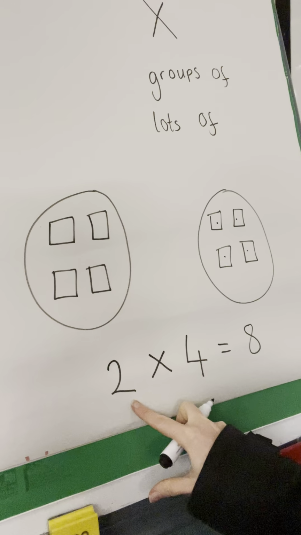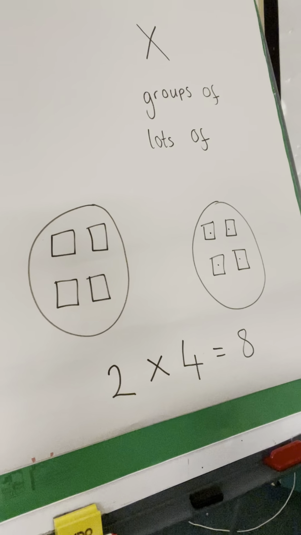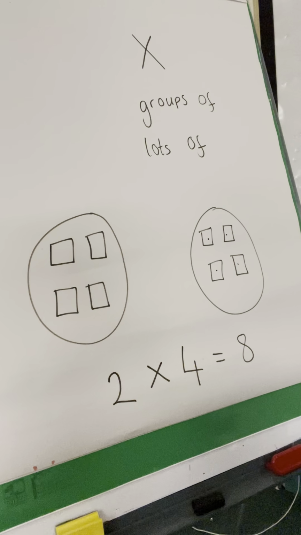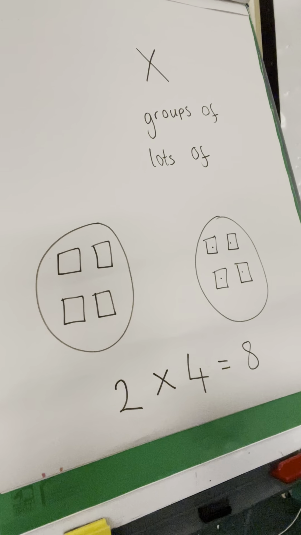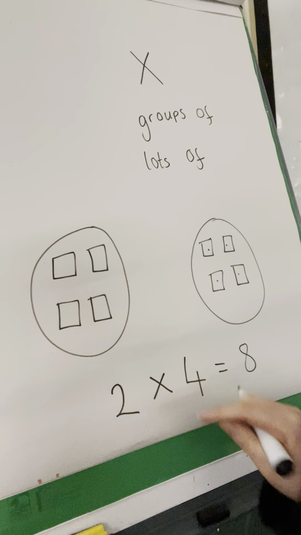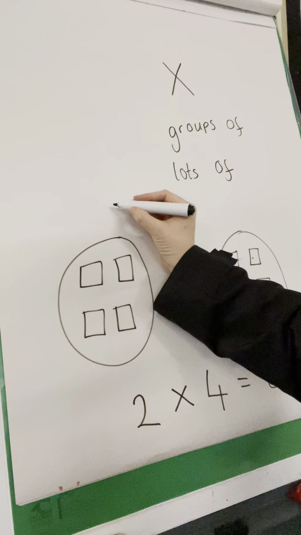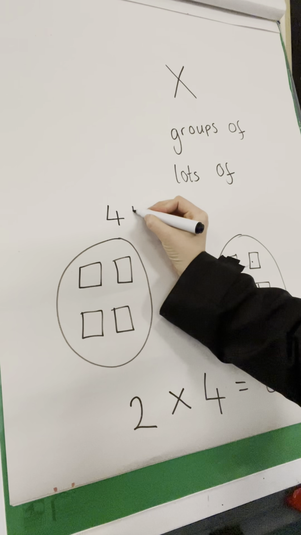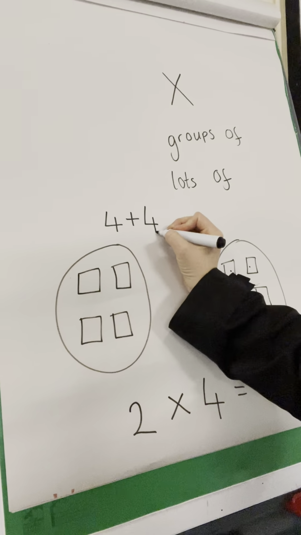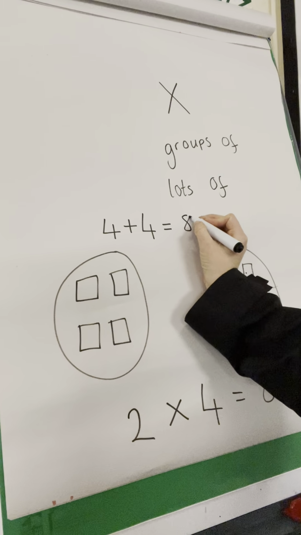8. And I know that further on in our work, it was hard because we were talking about it as an addition sentence and as a multiplication sentence. So what I've written down there is a multiplication sentence. And if I was writing it as an addition sentence, because I've got 2 groups of 4, I would write 4 add 4 equals, and we know it equals 8, don't we?